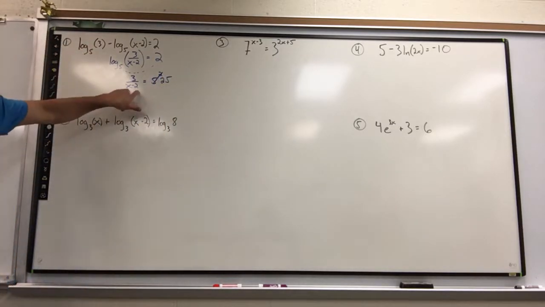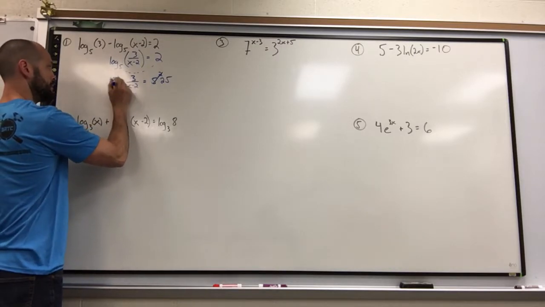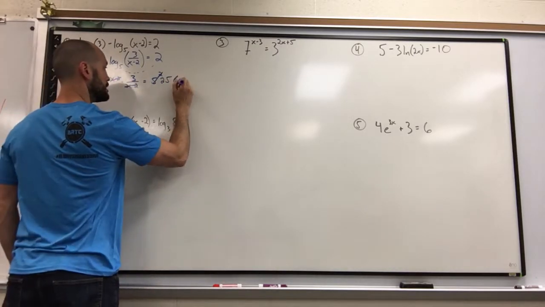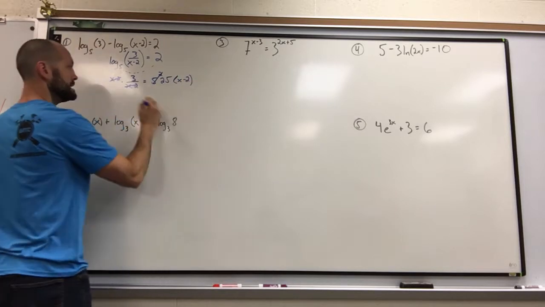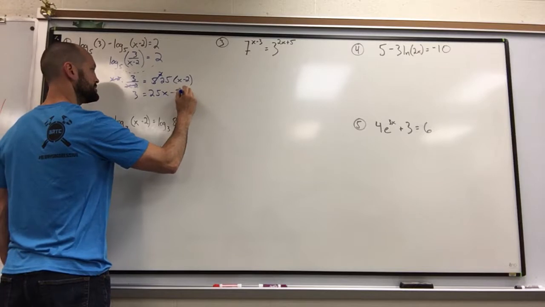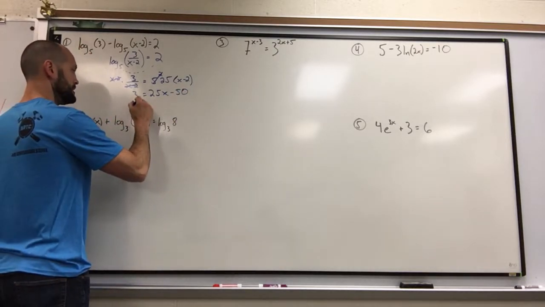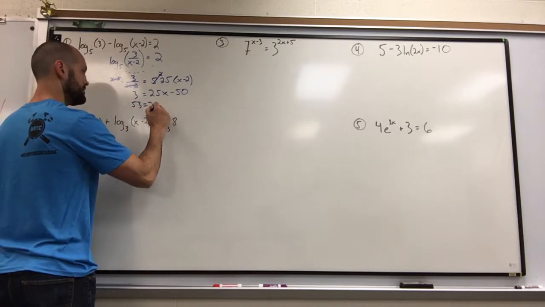My variable piece is in the denominator, so to get it out, I must multiply, leaving me with 3 equals 25x minus 50. Oh, it gets real easy from here. 53 equals 25x.